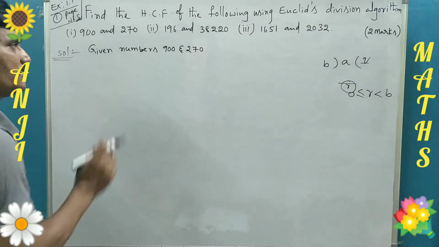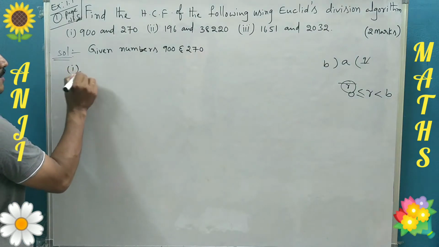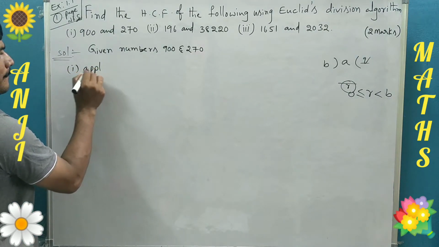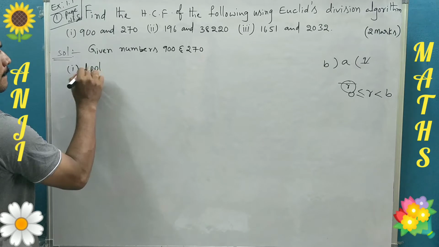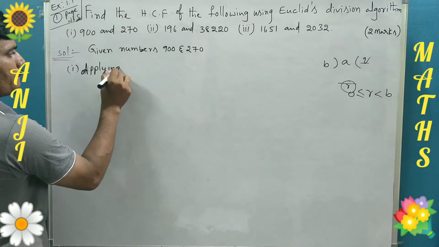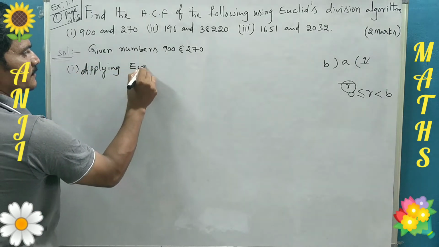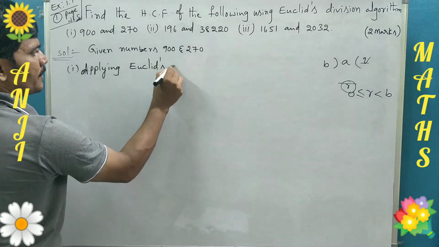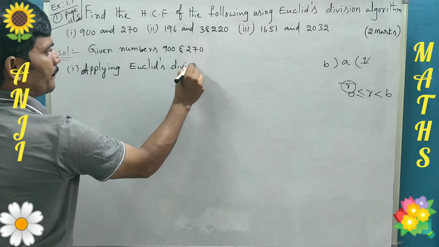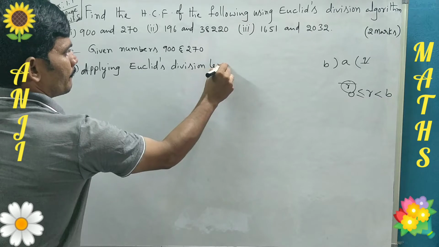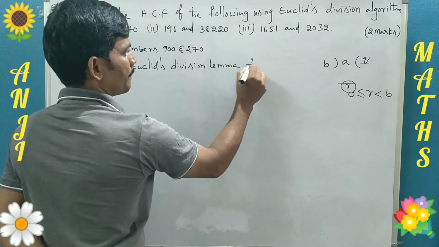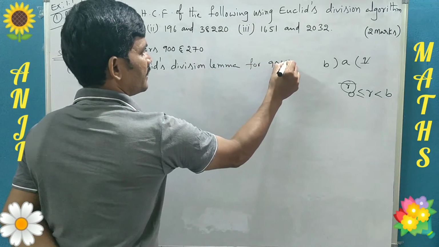Now let us follow that. Step 1, applying Euclid's division lemma for 900 and 270.